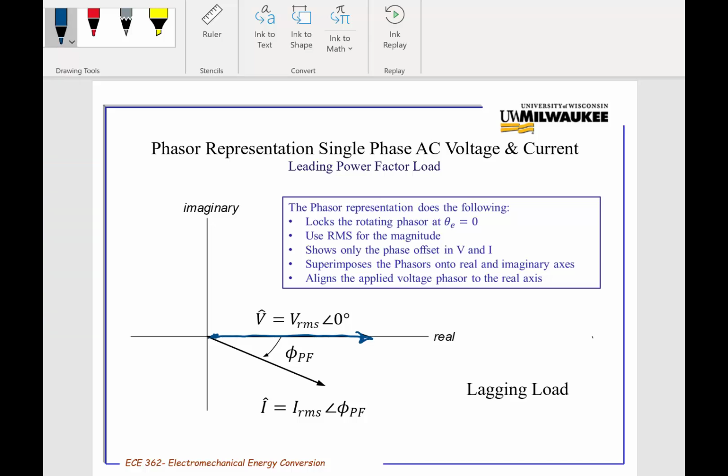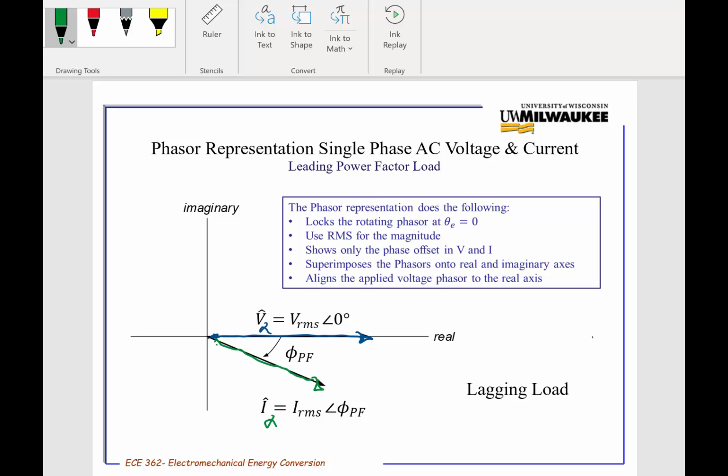So there's the voltage phasor, this is the V phasor, VRMS at 0 degrees, and the I phasor down here, at the power factor angle for a lagging load. And this is what we're going to be working with, and this is where you need to get very practiced at solving these problems using phasor representations.